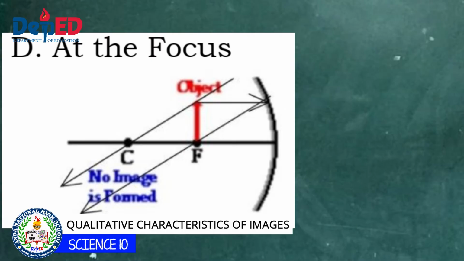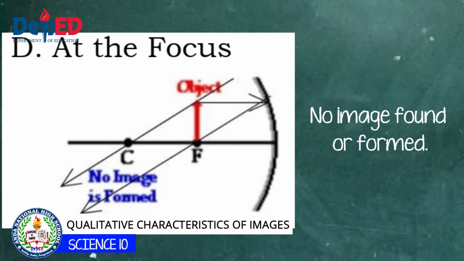None. How can this happen? Because in this location of the object, there will be no image formed. So there will be no location, no orientation, size, and type.